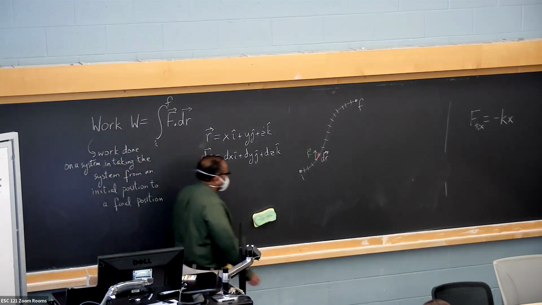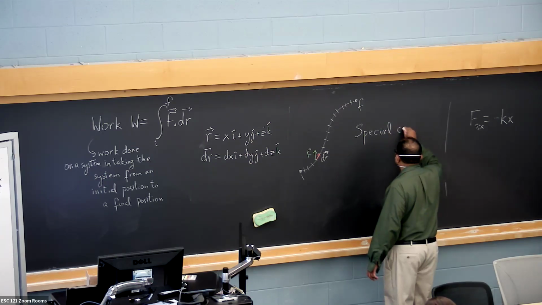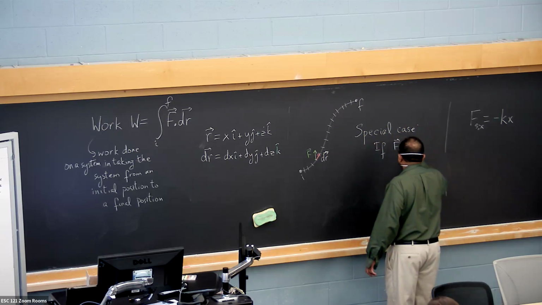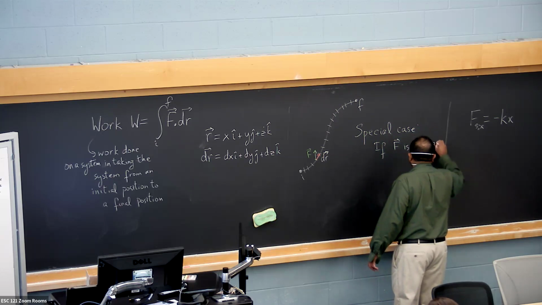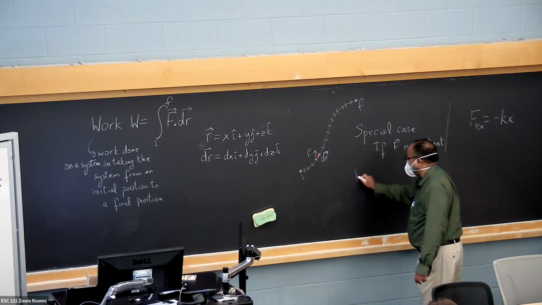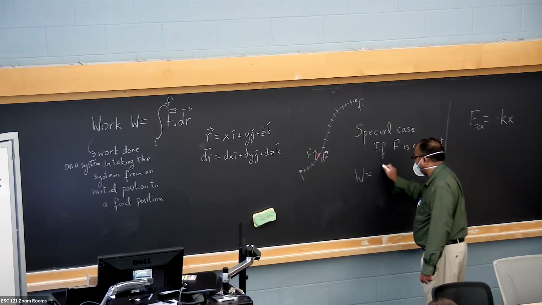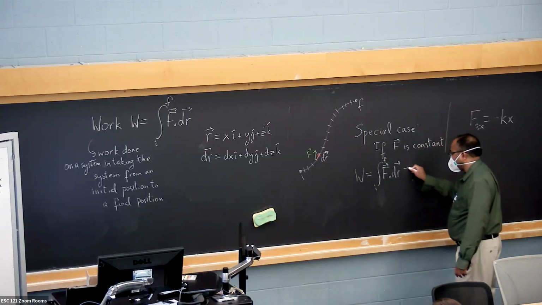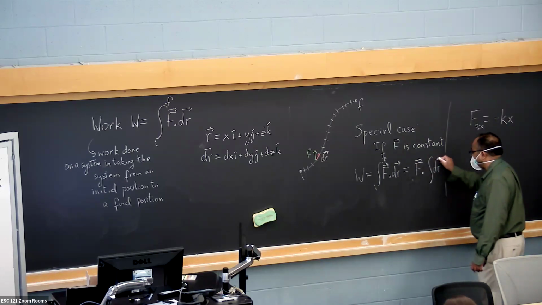The other case is if the force is constant. This is a special case. If F is constant, then one thing you'll learn when studying integrals is that if you have a constant, you can pull it out of your integral. So if your F does not depend on the position, doesn't change over the path, then it becomes F dot this integral.